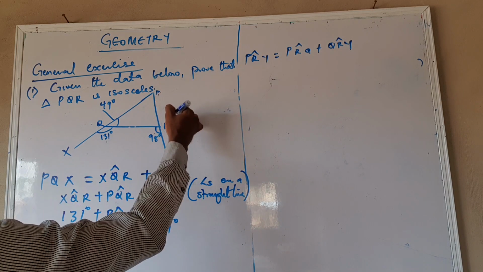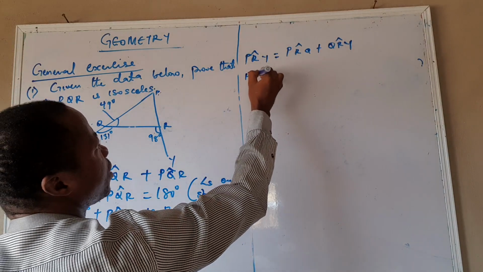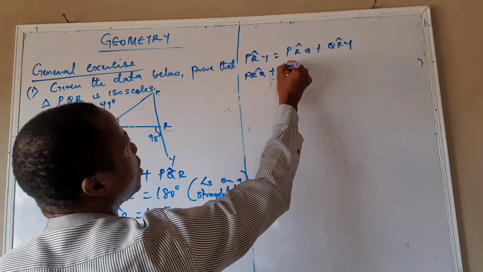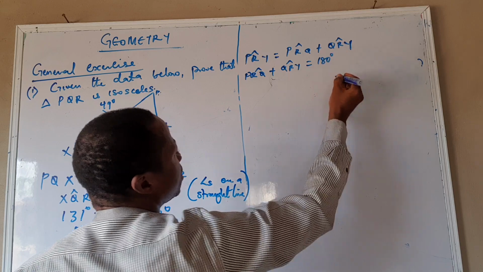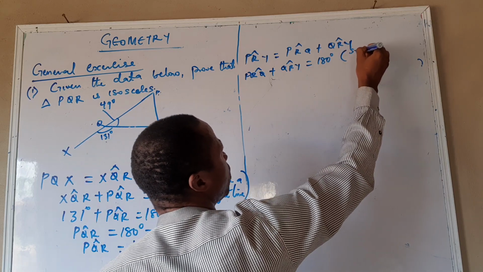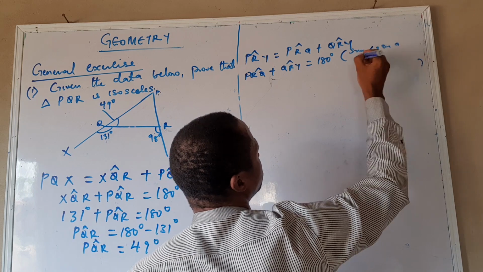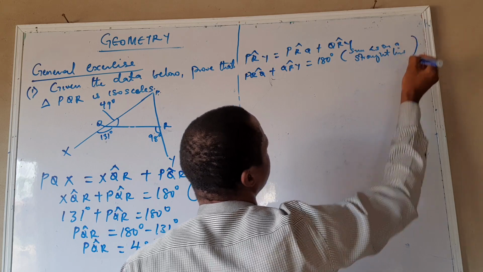And we know that our PRQ plus QRY is equal to what? 180 degree. That is the sum of angles on a straight line. Okay?